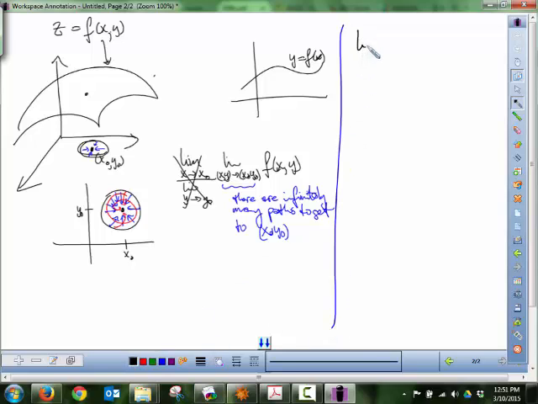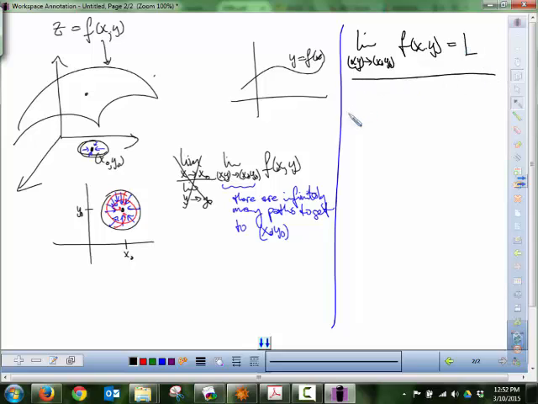We say that the limit as (x, y) approaches (x naught, y naught) of a function is equal to L. We say this if there exists an epsilon, there is epsilon bigger than 0.